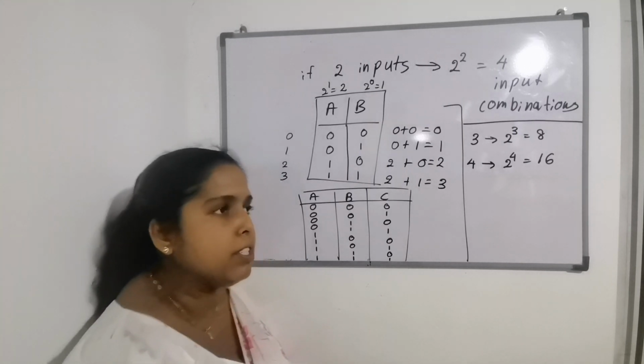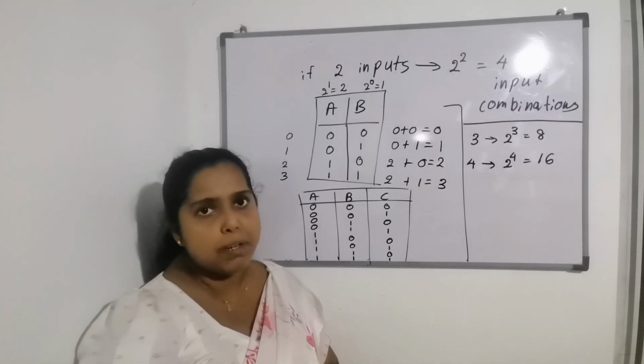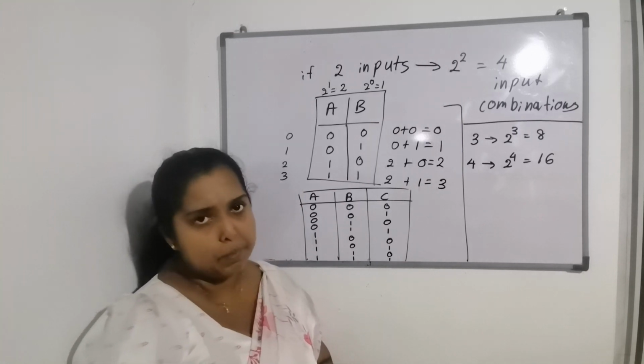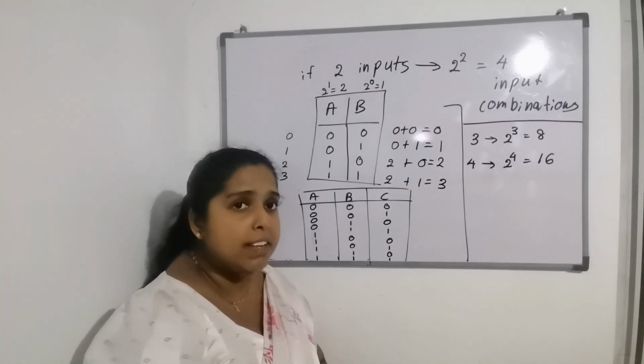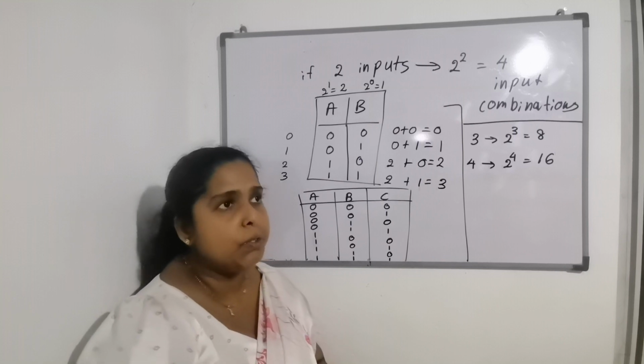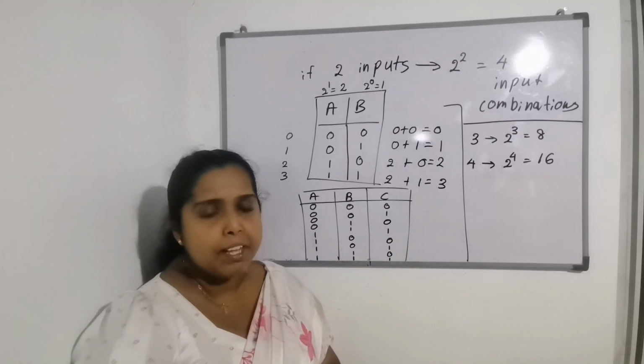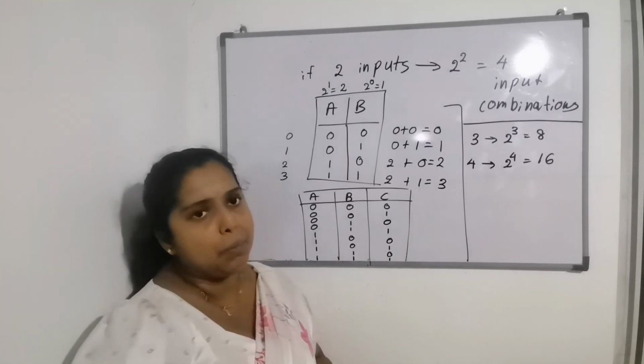In some question papers, they give these input combinations, and in some papers they do not. If they are not giving the input combinations, you have to make sure you are correctly writing the input combinations so that you can get the output properly.